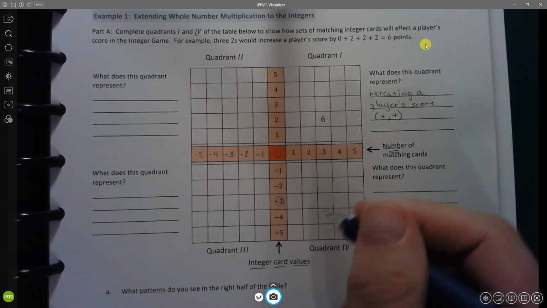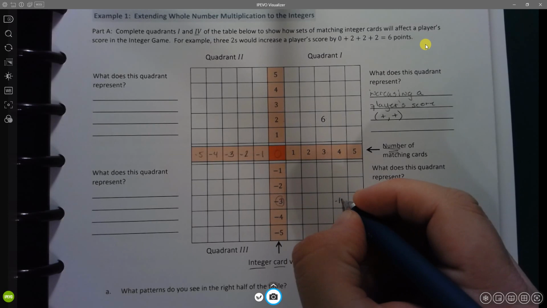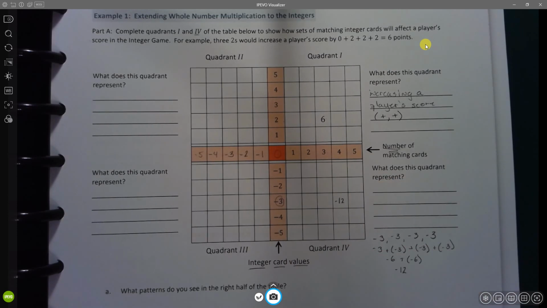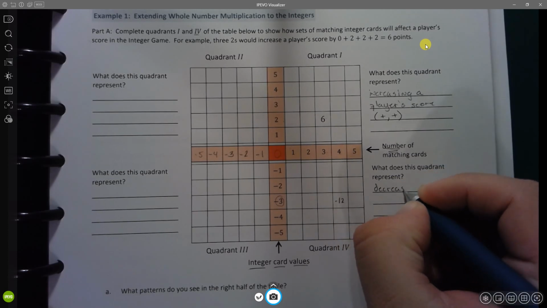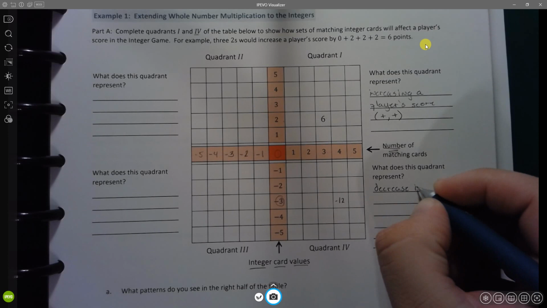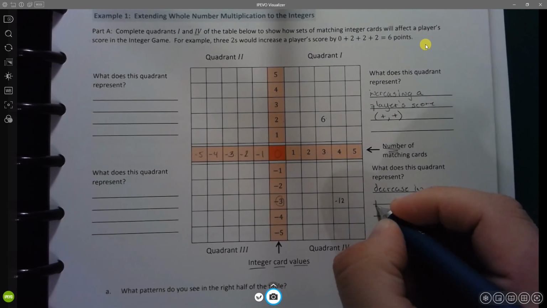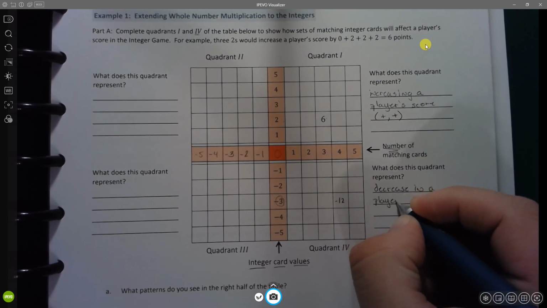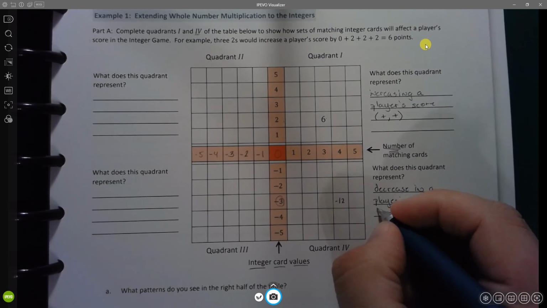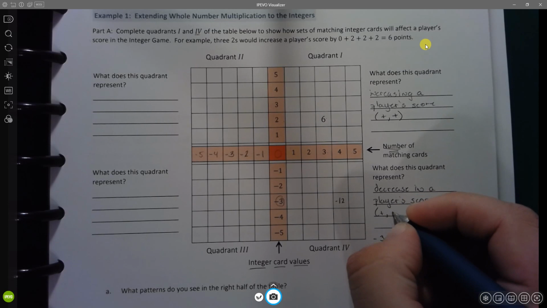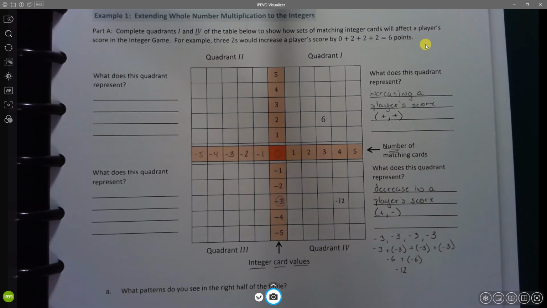So in this case, we would see a decrease in the player's hand. So quadrant 4 represents a decrease in a player's score. Now, this is because we have a positive value and a negative value in this quadrant.